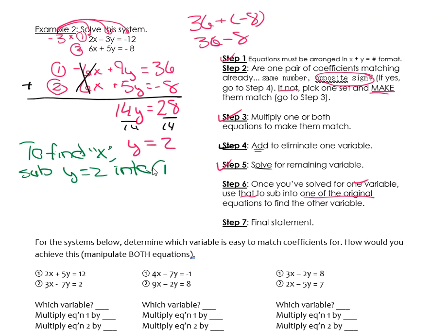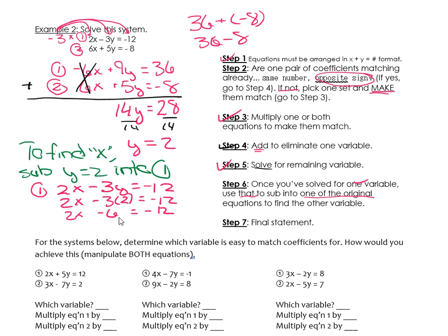I'm going to pick equation 1. Equation 1 was 2x, the original equation 1, not the one that I changed, minus 3y equals -12. But in for y, I'm going to put a 2. So we have 2x minus 6 equals -12.